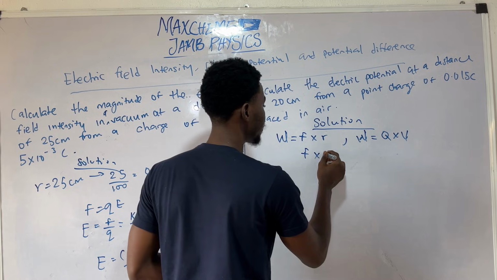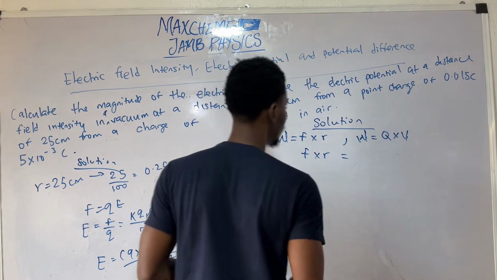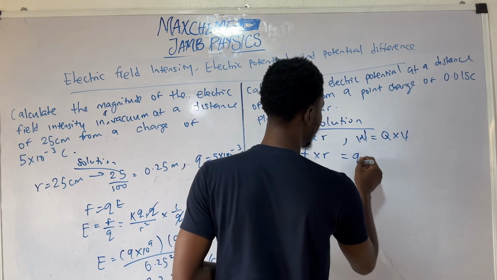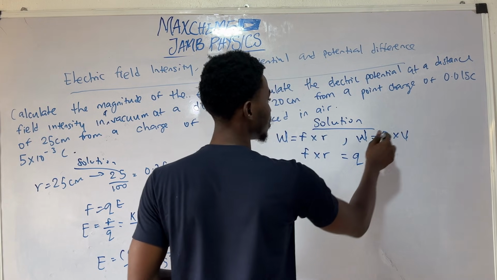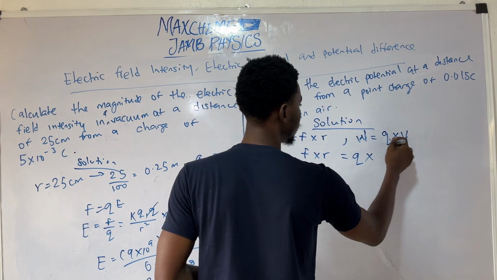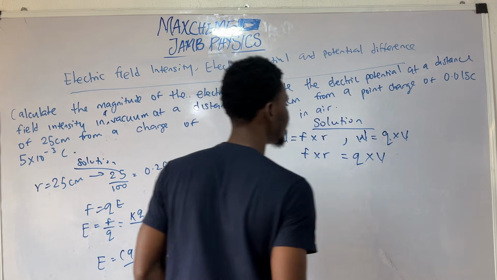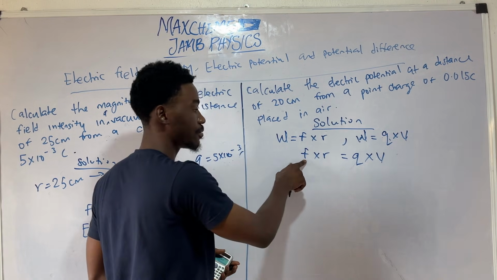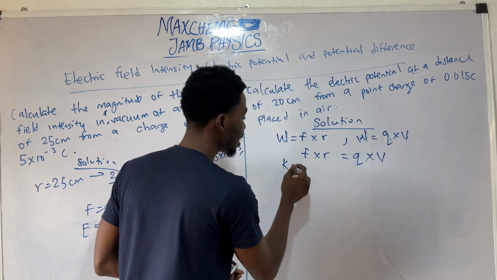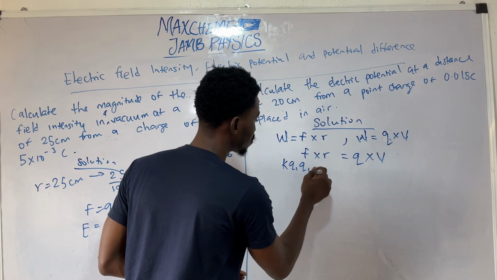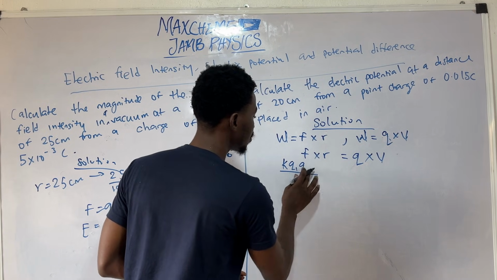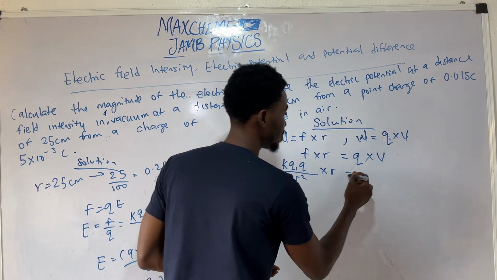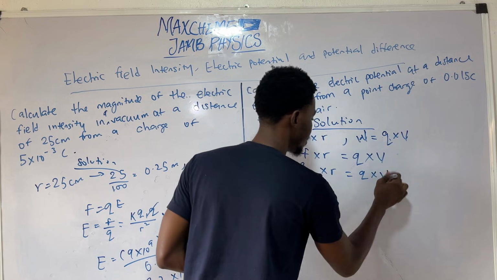So F times R is equal to quantity of charge, let me call it small q, times the potential difference, V. Recall that F is actually KQ1 Q over R squared, times R, is equal to q times V.